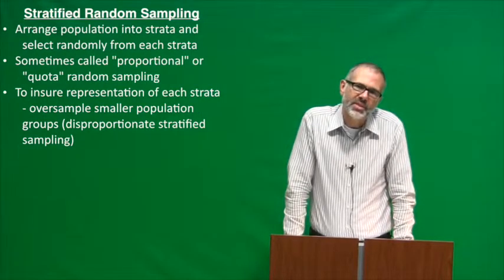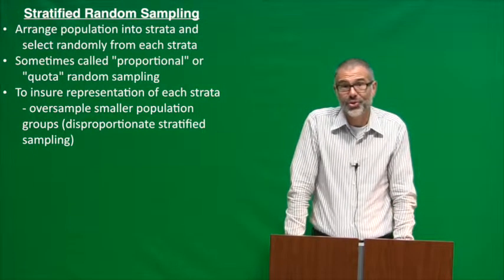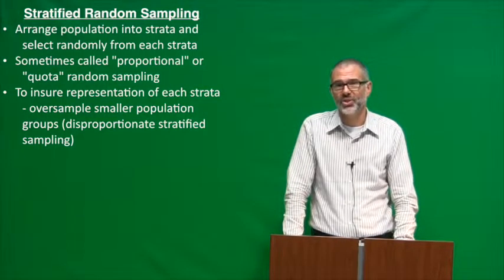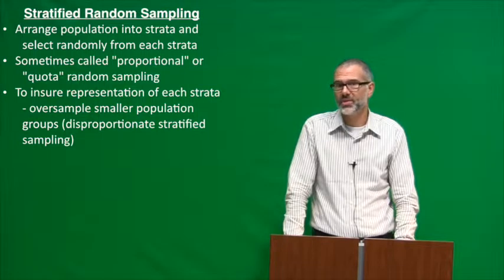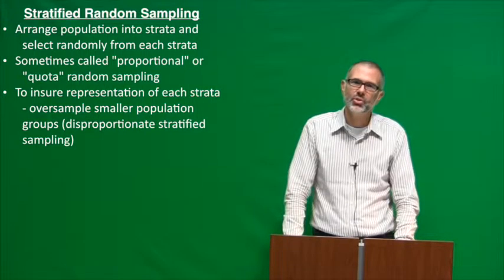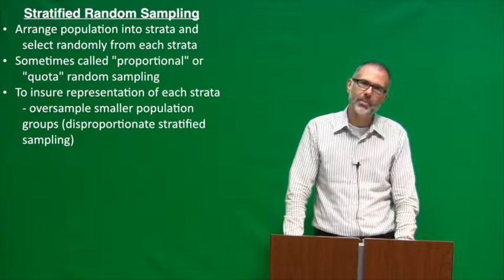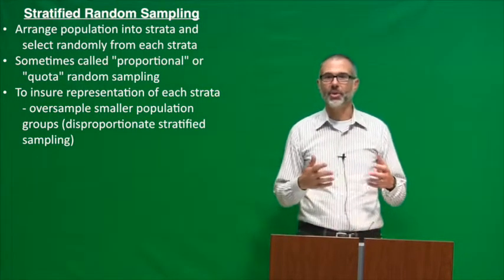What we more commonly see, and this is the answer to the question of what the pollsters do when I described the problem that pollsters have in using random digit dialing to get a good representative sample of the population, is a stratified random sample. In a stratified random sample, I take something like the population of Baltimore.